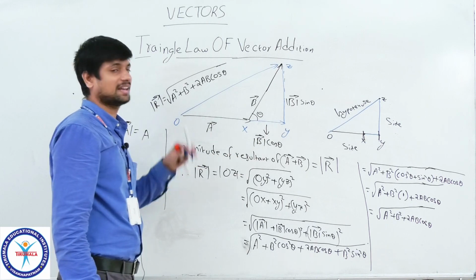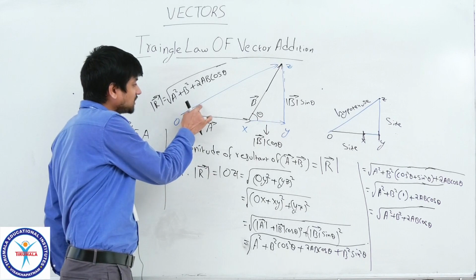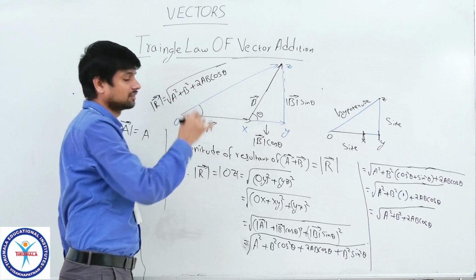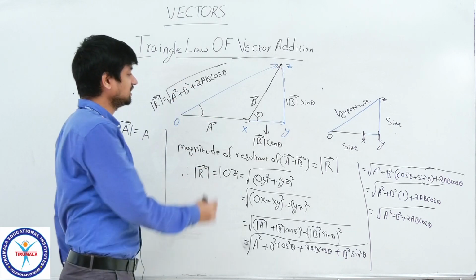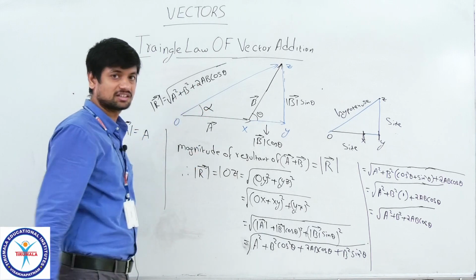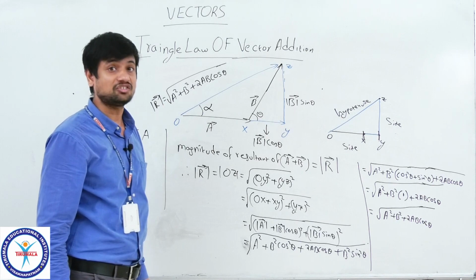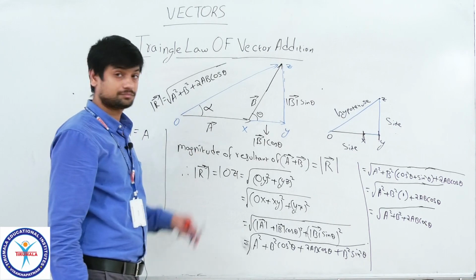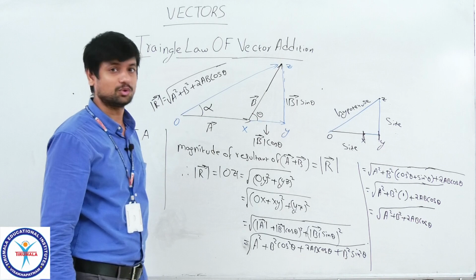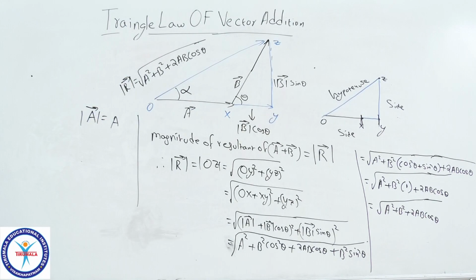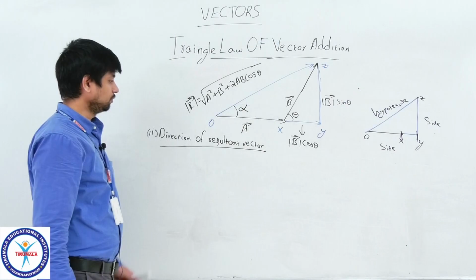Now, I want to know its direction, means how much angle it is making. Consider that to be alpha. So, what should I calculate now if I want to know the direction? Tangent function of that one. So, tan alpha we need to calculate.